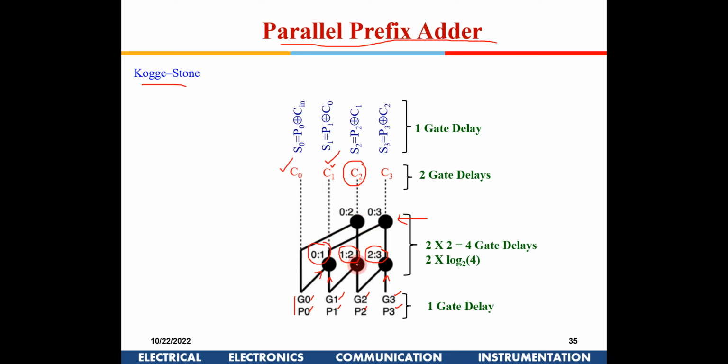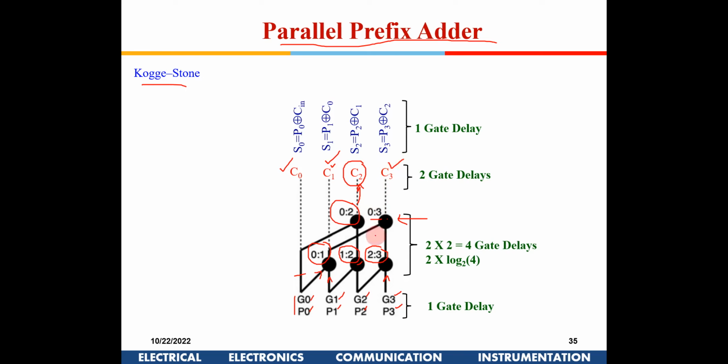This combines the output from here and this output to give 0 3, which I will use to generate C2. Similarly, this is just giving 2 3 and this is giving 0 1. If I combine 2 3 and 0 1, I will get 0 3. So this 0 3 output is required to generate the carry.